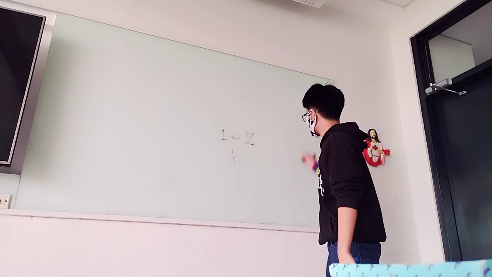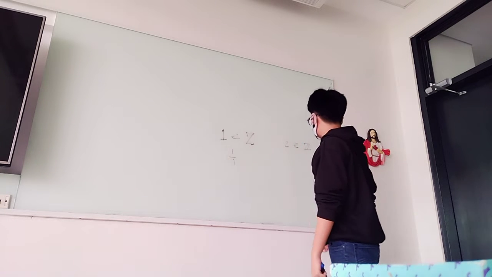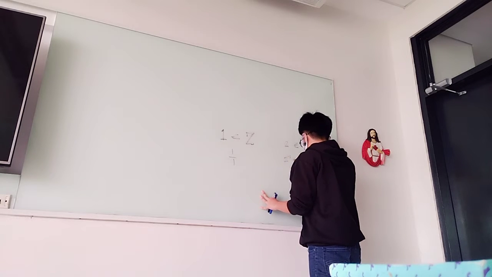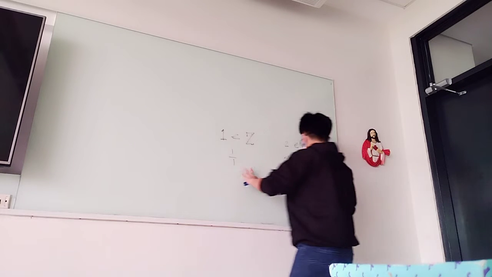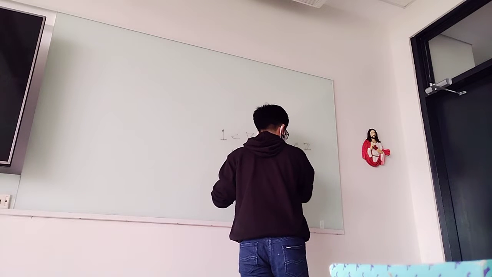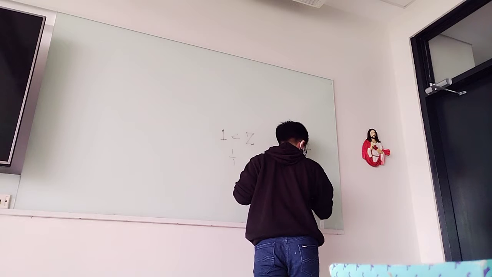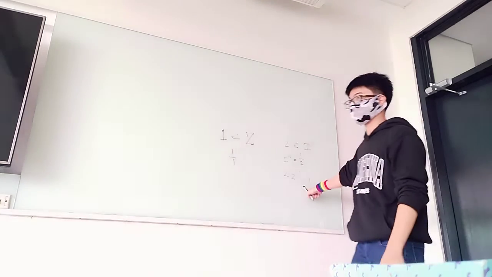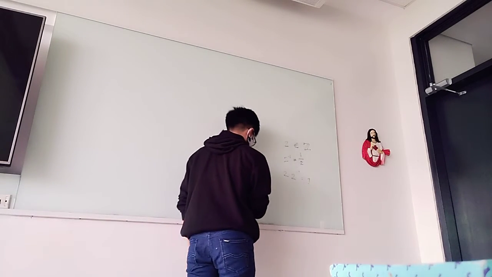Or maybe something like 2. 2 is an element of the integers, and it has a multiplicative inverse, which is 2 to the minus 1, which is 1 over 2, one half, such that 2 times 2 to the minus 1 is 1. And 1 is our identity element, or our multiplicative identity element. So E is 1 in this case.